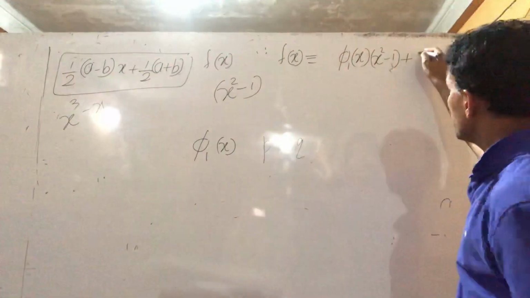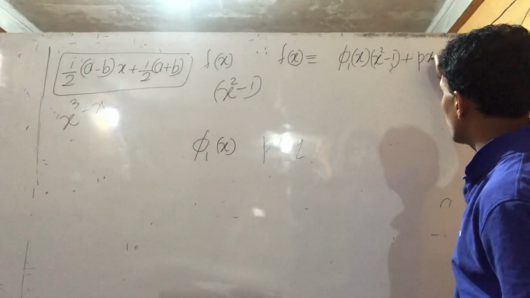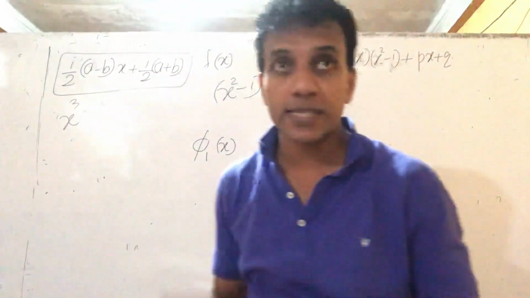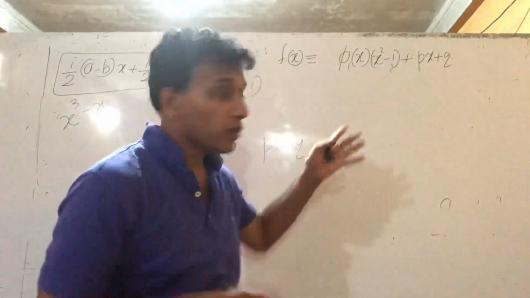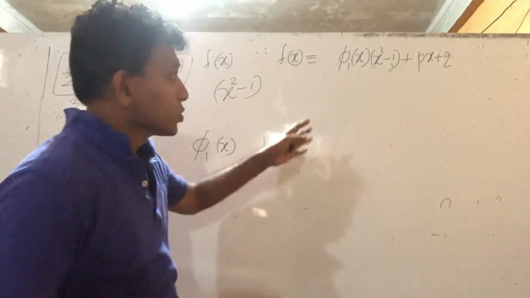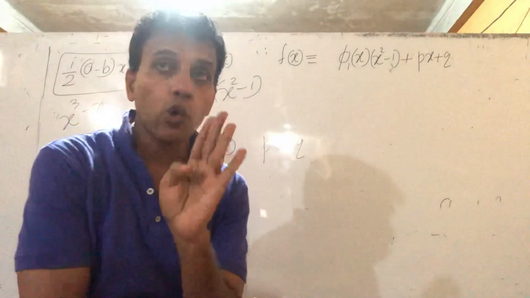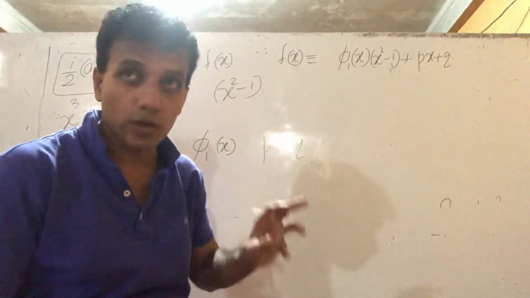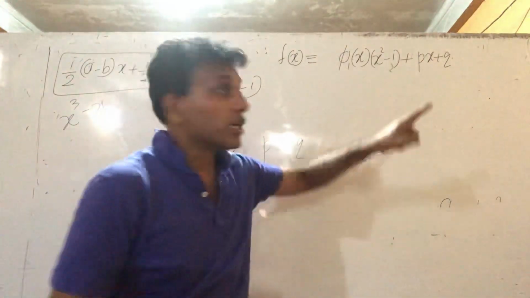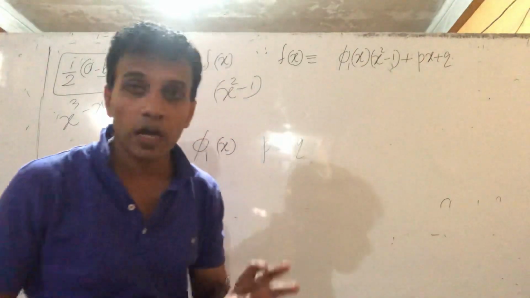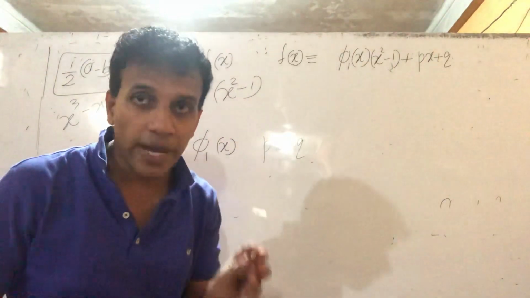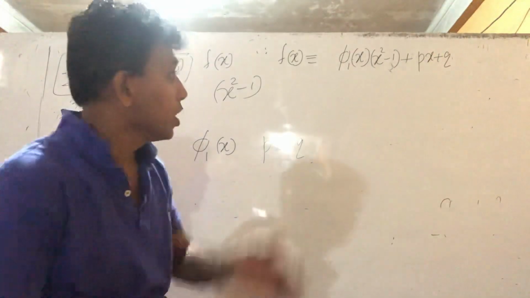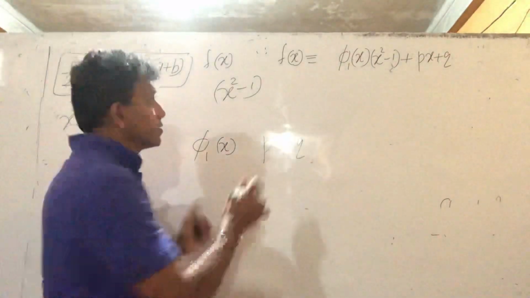The balance is what? px plus q. This is not a new thing. Those following me, the subscribers, they knew what happens here, right? So we have to find p and q. There are two methods. We have to make this part 0. If you factorize x squared minus 1, x minus 1, x plus 1, you have two parts.